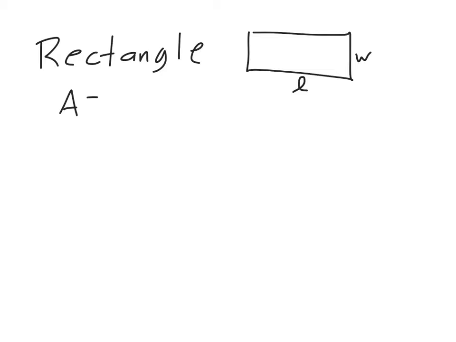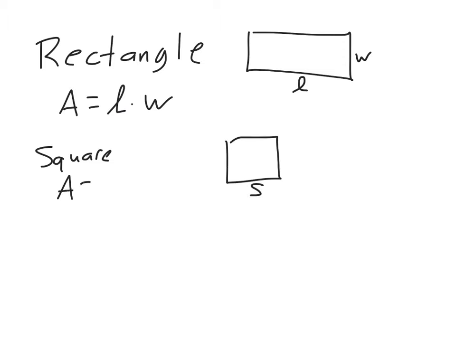If I have a rectangle, and say this is the length and this is the width, what would be the formula for the area of that rectangle? Length times width. If I had a square, and I knew that a side was S, what's the area of that square?